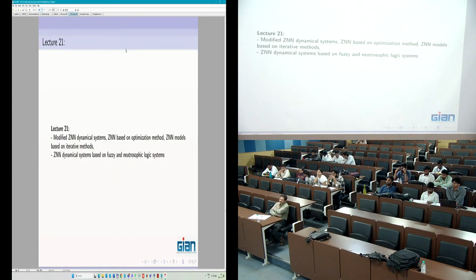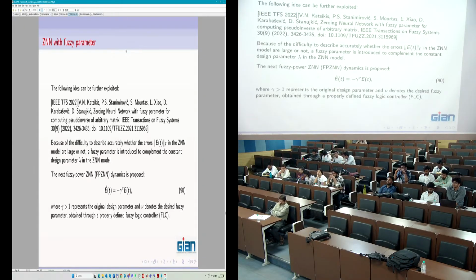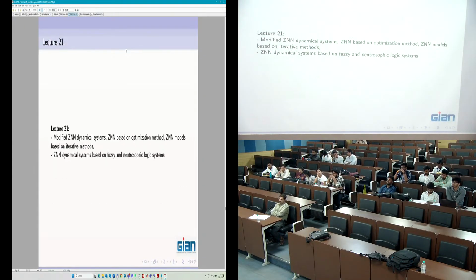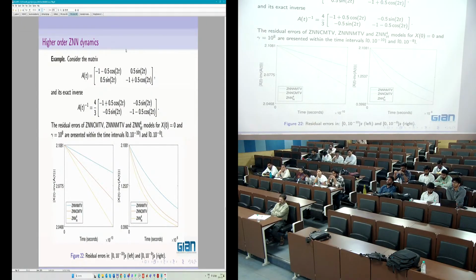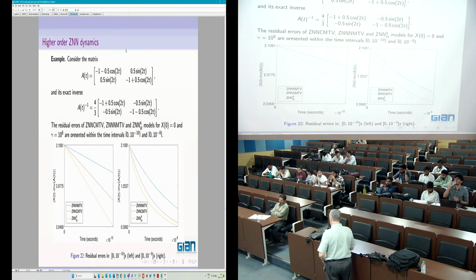This is the first modification of ZNN. This modification is based on using high order iterative rules, because we observed a relationship between the Newton method and the discretized ZNN model.